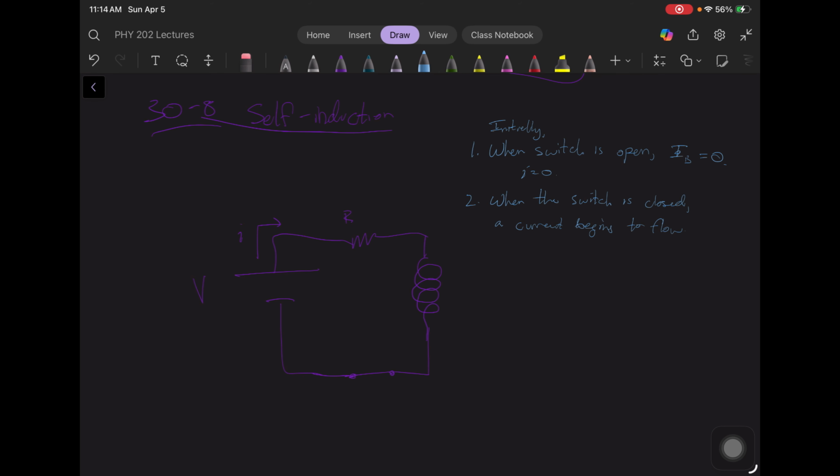Right, this current, I'm going to make it a slightly different color. All right, and so once the current gets here, it's going to start traveling through these wires, as current does. And it's going to start going around these loops.